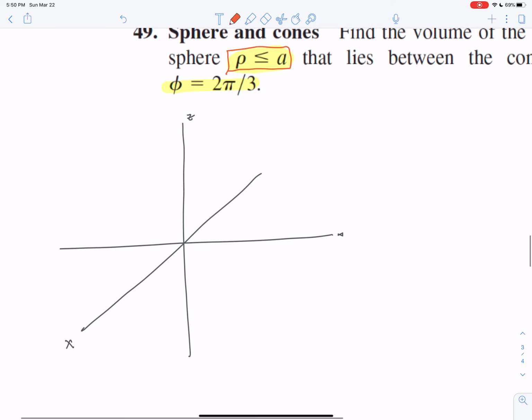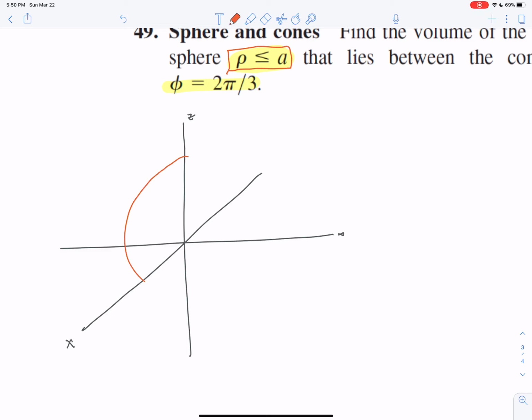This is just going to be a sphere centered at the origin of radius a. It's less than or equal to, so it just means it's filled in. It's not just the surface, but the entire shape. So it's solid, not hollow. Let's say it looks something like that.